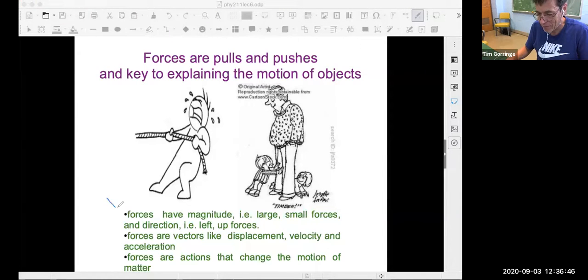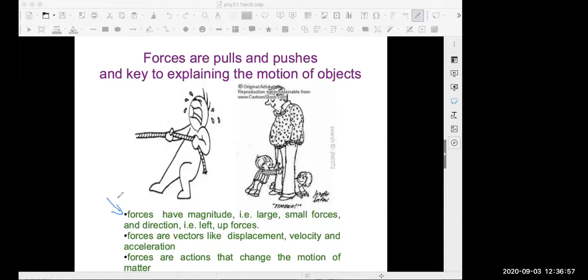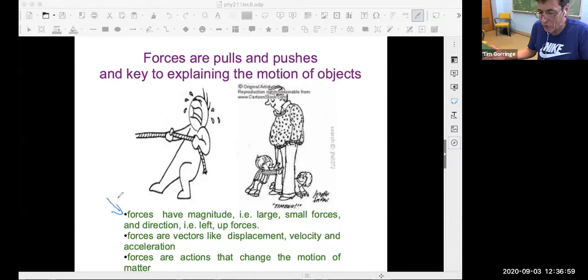Okay, so forces have both size and direction. So a force might be a large force or a small force, a strong force or a weak force. And a force might be a force to the right, or a force that's upwards, or a force to the left, or a force that's downwards.